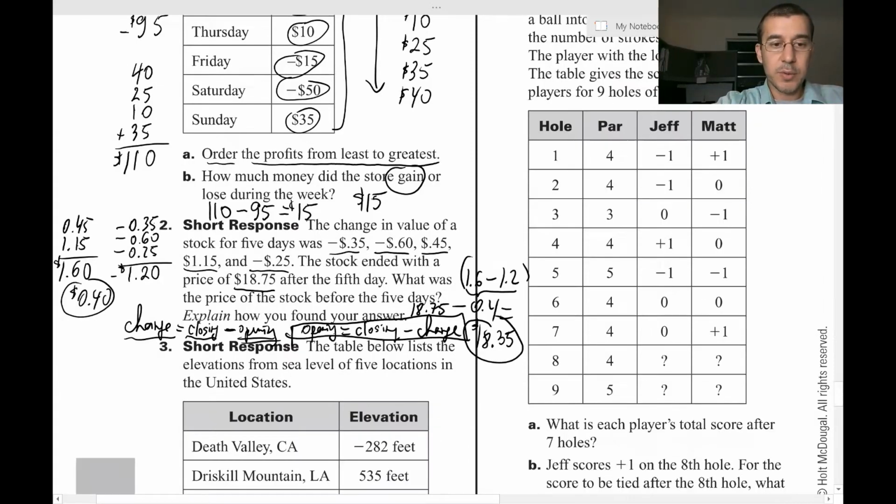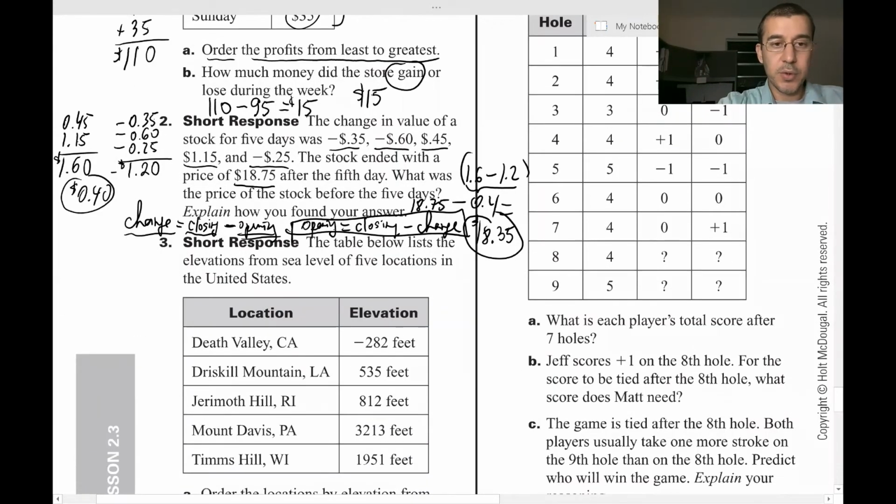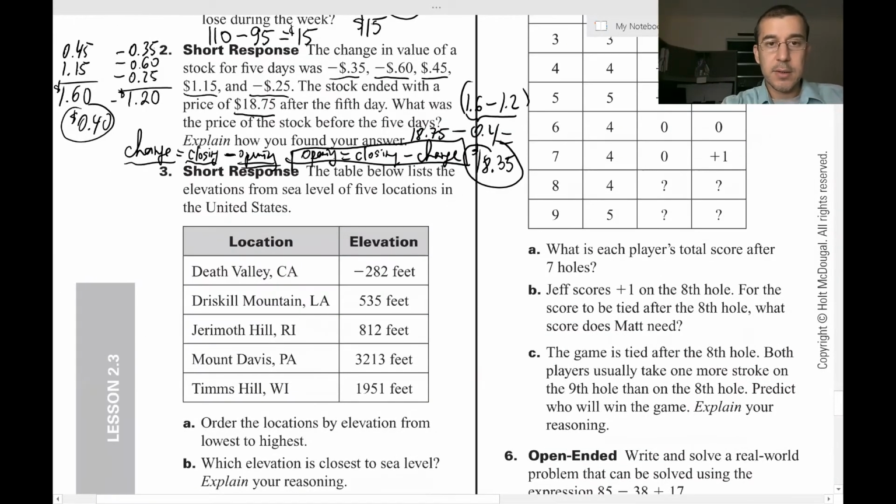That's number 2. Number 3, short response. The table below lists the elevations from sea level of 5 locations in the United States. Order the locations by elevation from lowest to highest. So lowest would be minus 282, which is the Death Valley, California. So that's number 1.